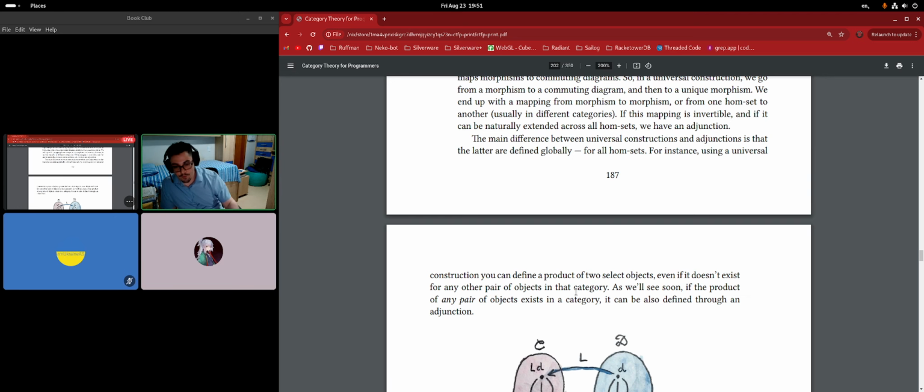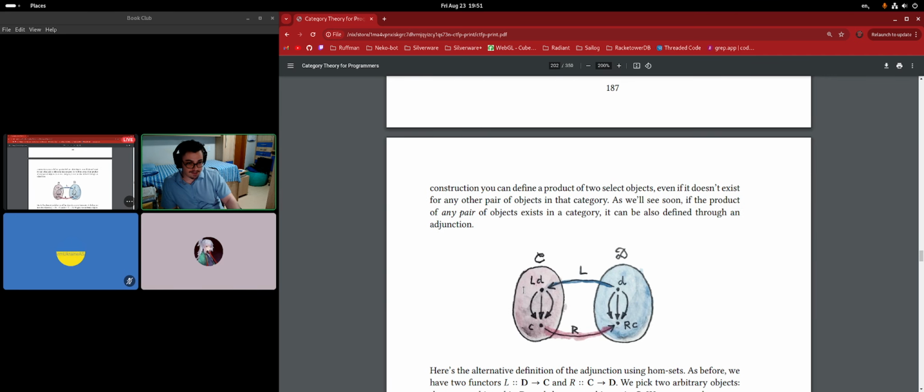Now it makes sense. As we see soon, if the product of any pair of objects exists, we can define it through an adjunction. So adjunction seems more powerful than a universal construction. Yes, but also less precise.